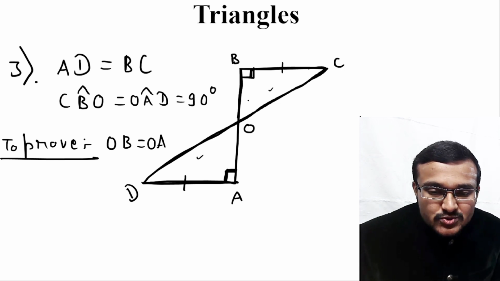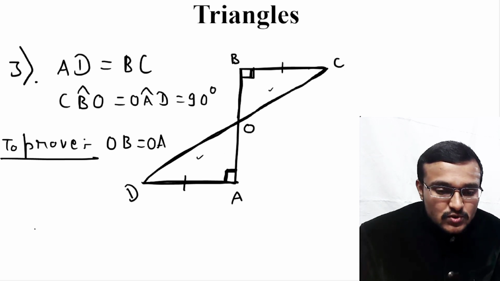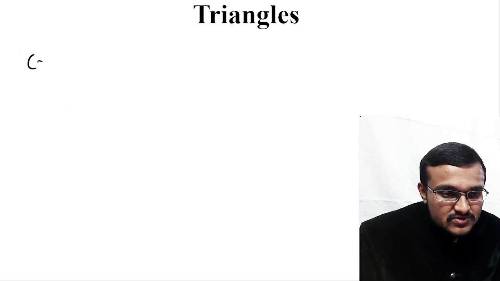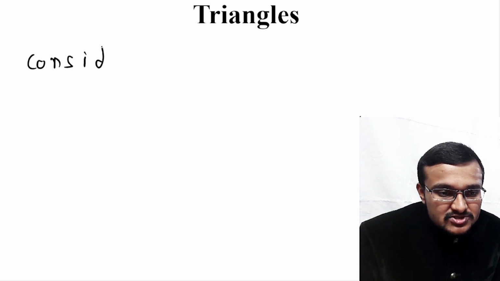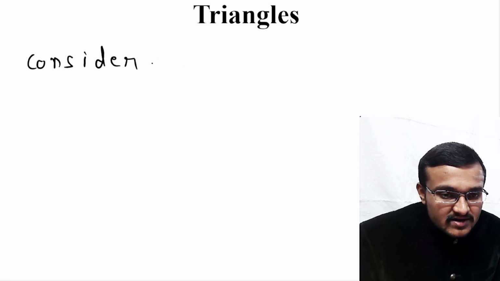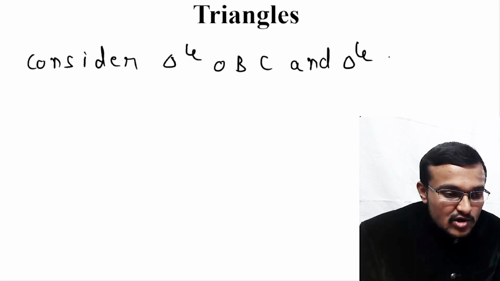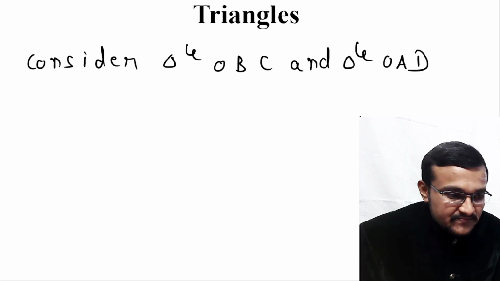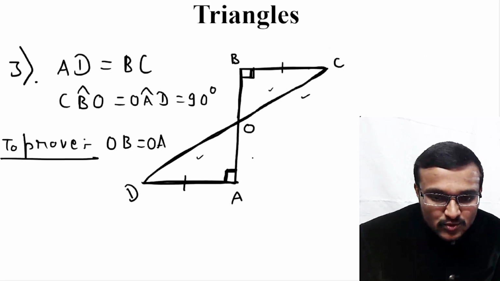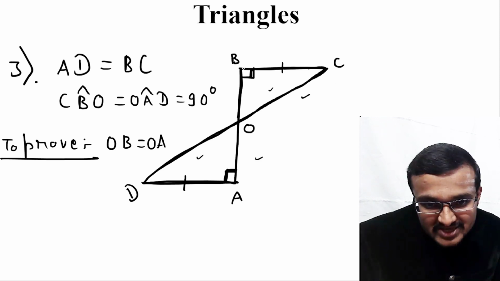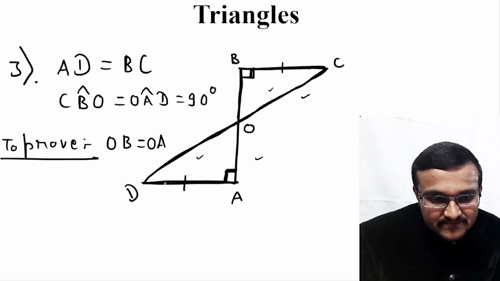In these two triangles, first we will consider triangle OBC and triangle OAD. So in these two triangles, OBC and OAD, BC is equal to AD.